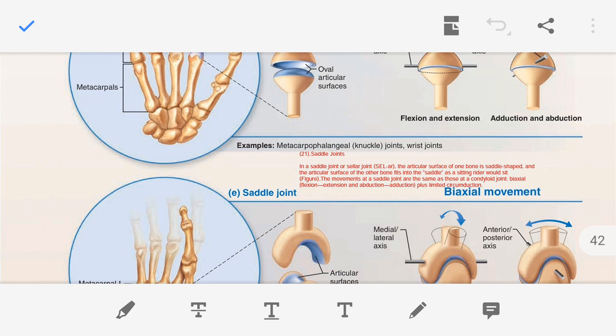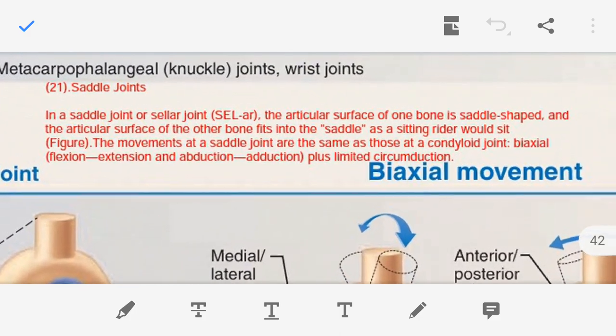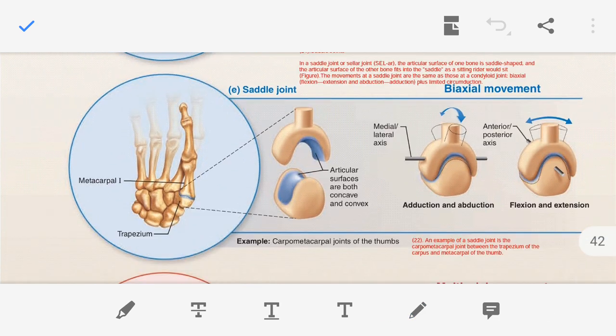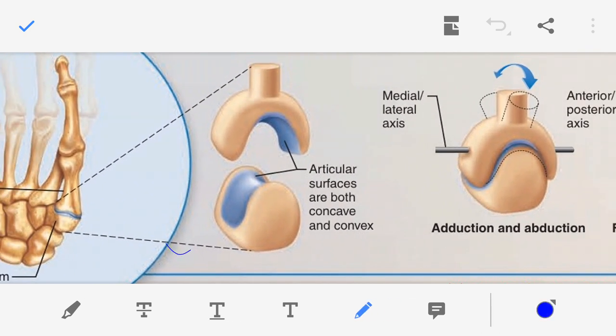Now the next type of joint is the saddle joint. Saddle joint is also known as the sellar joint. In a saddle joint, one bone has an articular surface like a saddle.